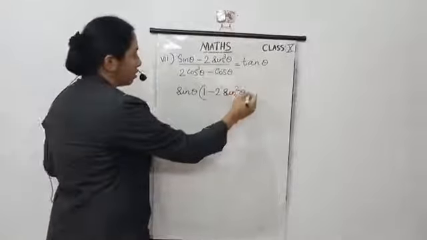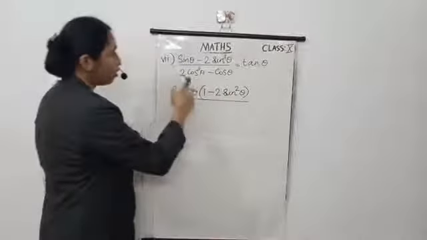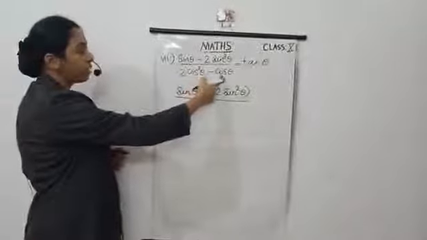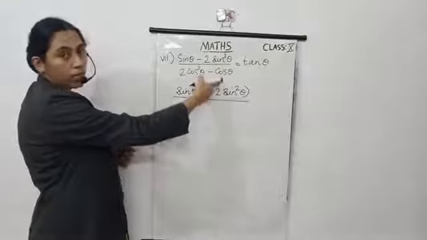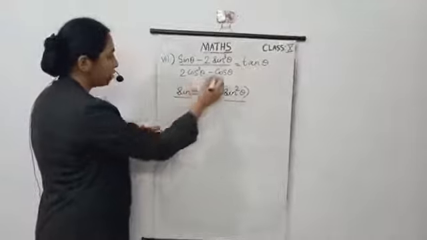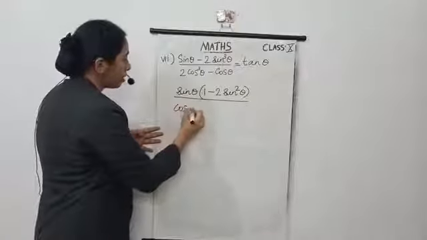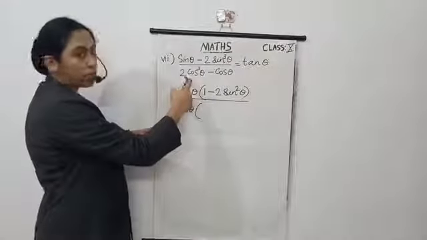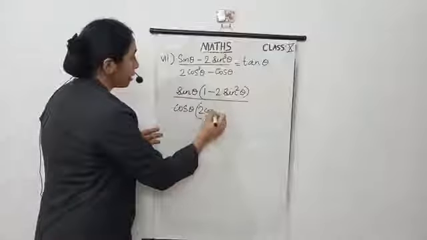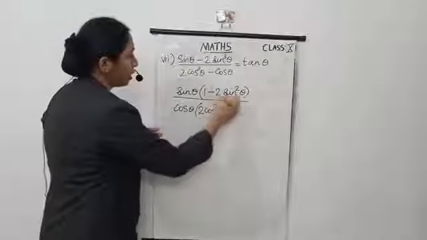In the denominator, both terms have cos theta common, so take cos theta outside, and inside we get 2 cos square theta minus 1.